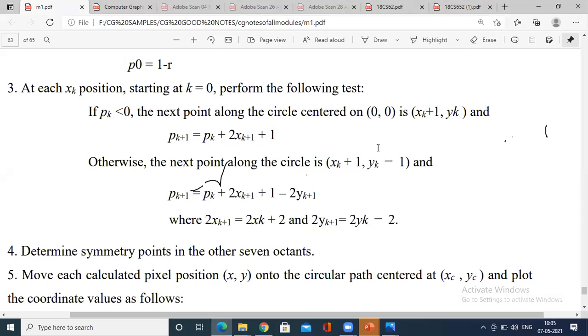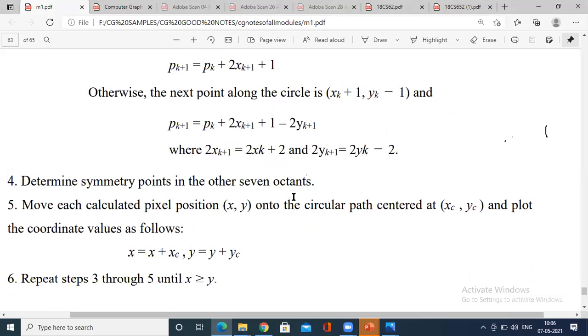If it is greater than 0, you select xk plus 1, yk minus 1. Similarly, you go ahead with pk plus 1 by using this formula. Remember, as in Bresenham's line drawing algorithm, here also the pk value differs based on whether it is less than 0 or greater than or equal to 0.